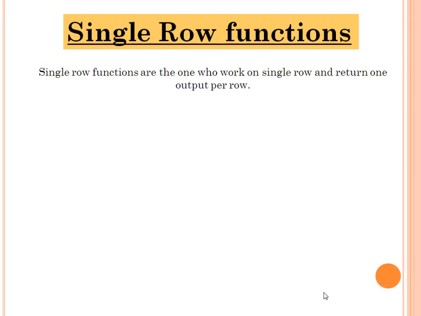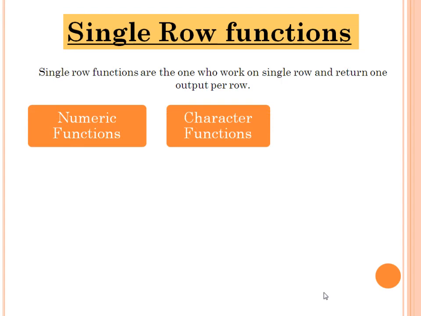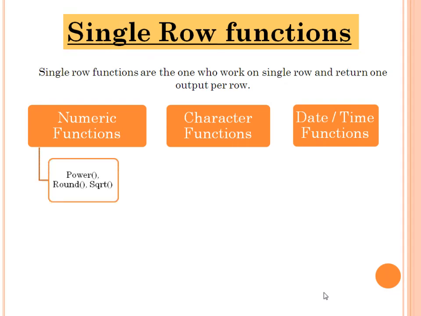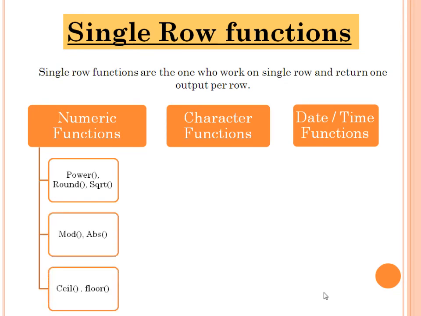They are categorized into three types. First is numeric function, second is character function, and next is date and time function. Look at a few functions of each. First is numeric function: power, round, sqrt. Mod, abs, ceil and floor are also numeric functions.